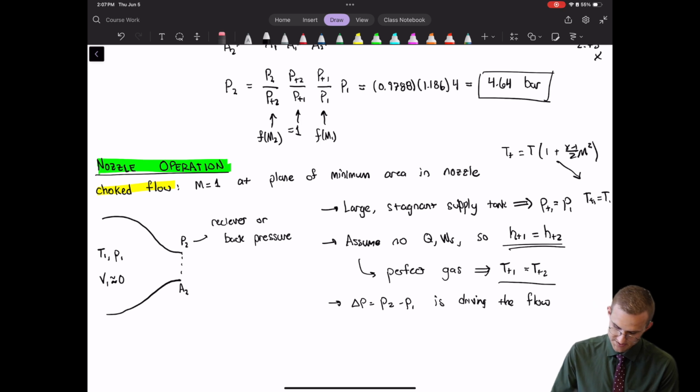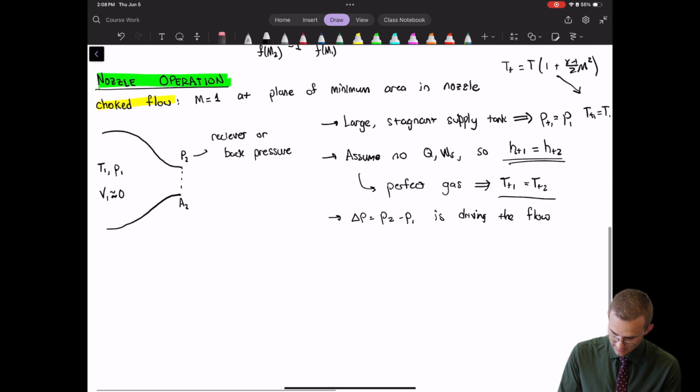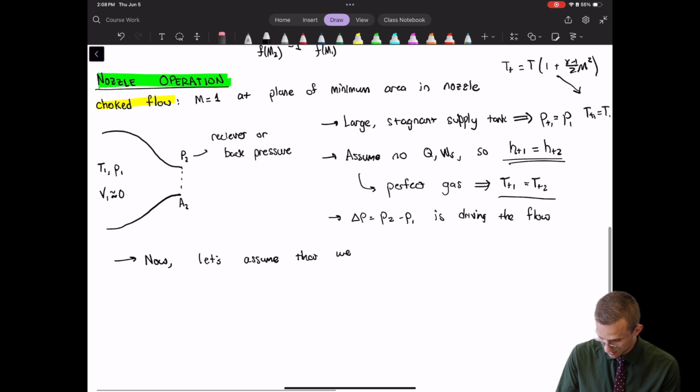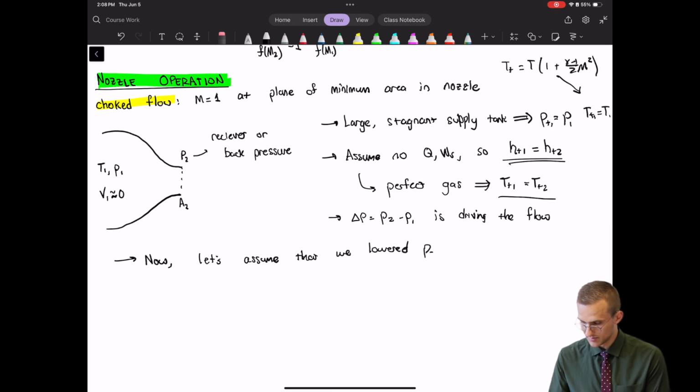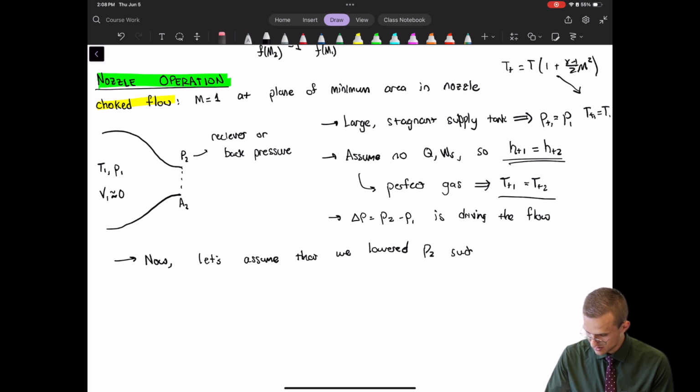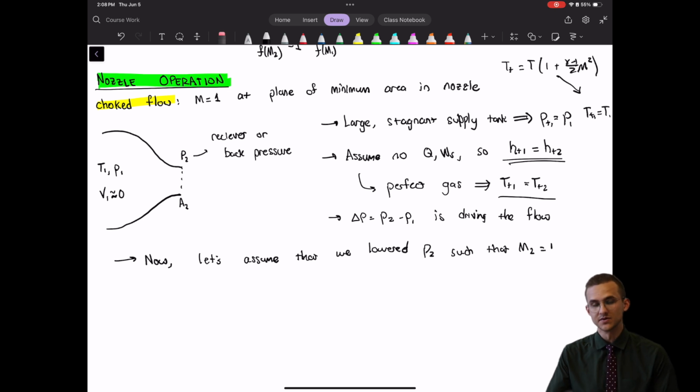Okay, so now let's assume that we lowered P2 such that M2 is equal to 1. Right, so we lowered it just to that perfect point.